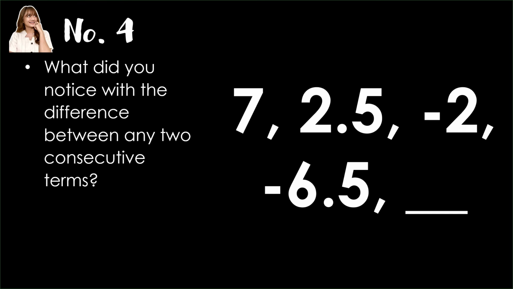Also, what is the difference between negative 2 and 2.5? Another is, what is the difference between negative 6.5 and negative 2? Are their differences the same? What have you observed?